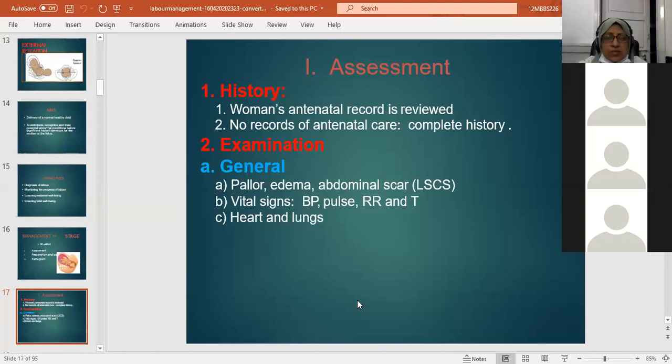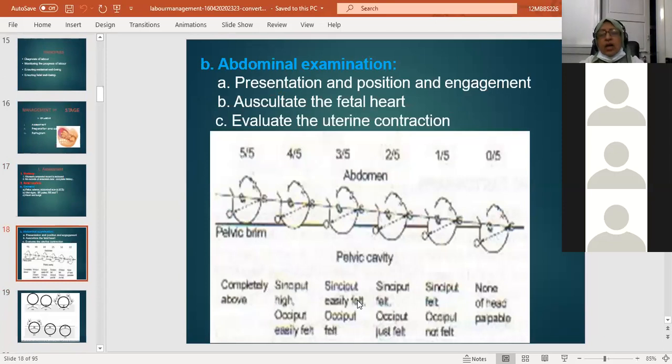On the abdominal examination, there are Leopold's maneuvers that are written in the textbooks. You have to look at these maneuvers, in which we have different grips: the fundal grip, the lateral grip, the pawlik grip, and the pelvic grip. There are 4 grips. In the fundal grip, we assess the fundus. Where is the fundus?